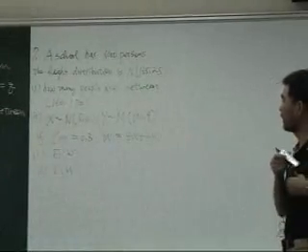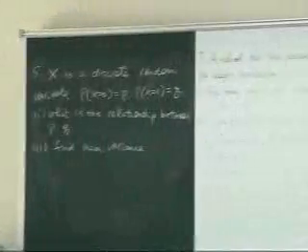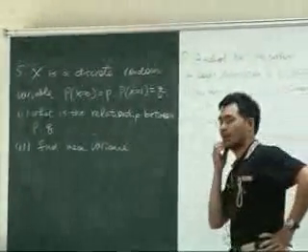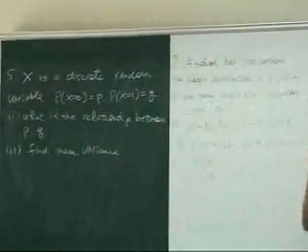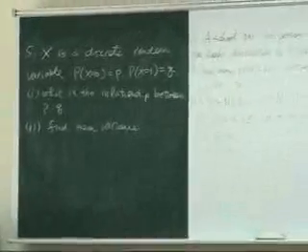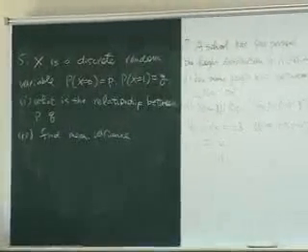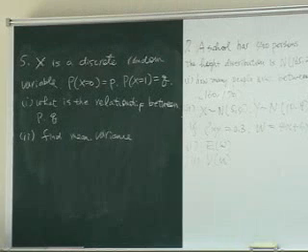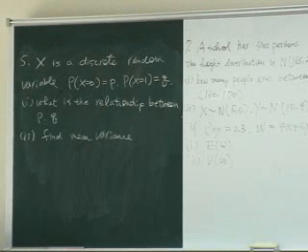So, question 5. X is a discrete random variable, and you have these properties. The distribution for P(X equal to 0) is equal to p, and P(X equal to 1) is equal to q. So, what is the relationship between p and q?